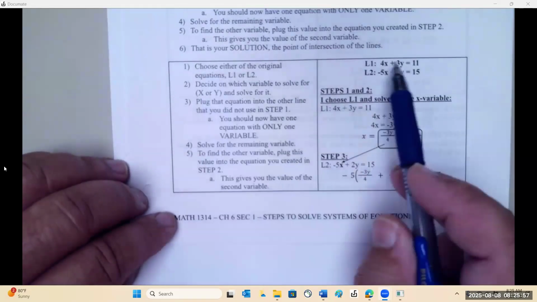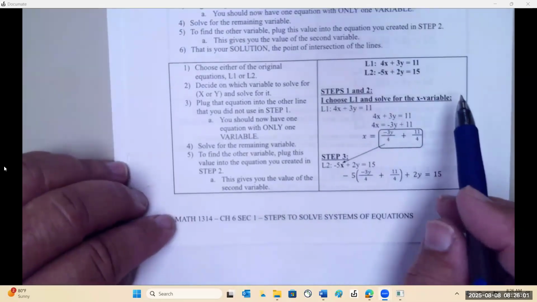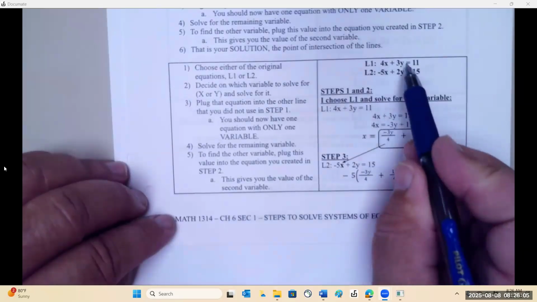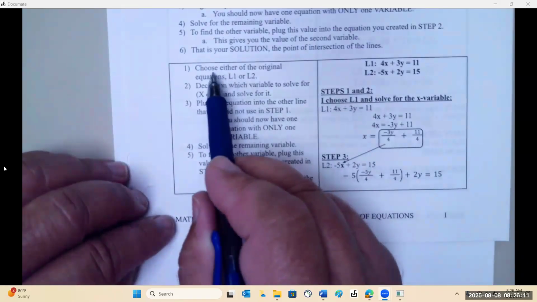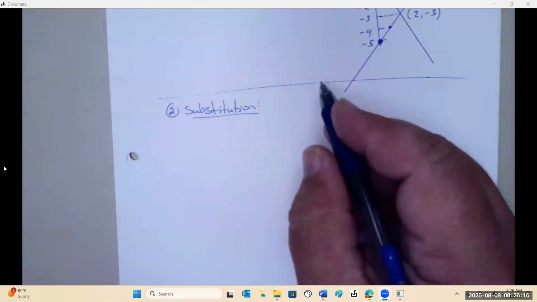You have 2 lines, line 1 and line 2. First off, make sure they're in standard form. Make sure that they're ax plus by equals c. So choose either of the original equations. We're going to use the same equations here.